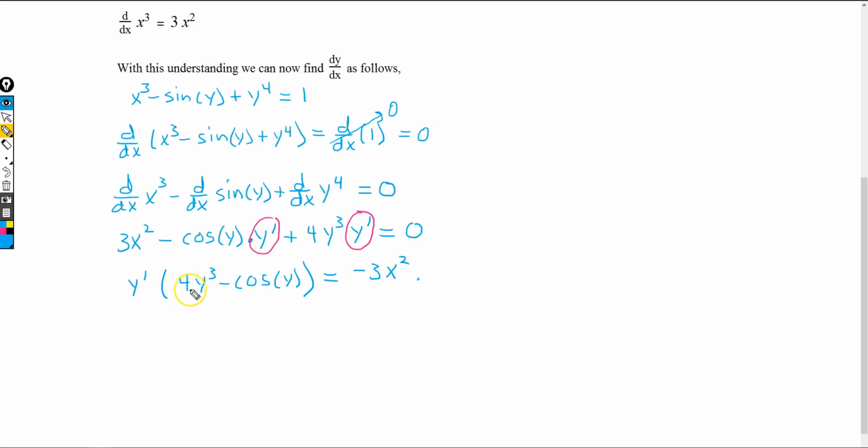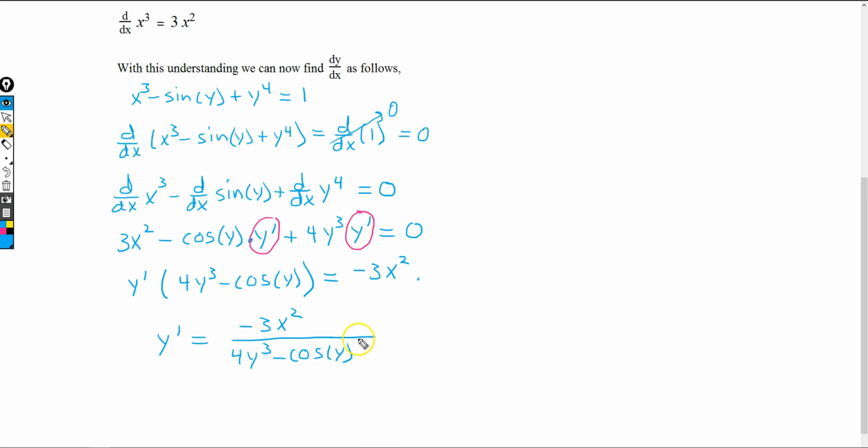And then we have left 4y cubed minus the cosine of y. I just reversed the ordering there, so we have the minus here. And now we're just going to divide this to the other side, and we get this. And that is our answer.